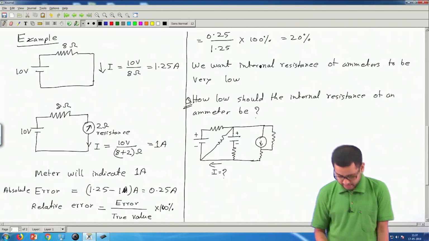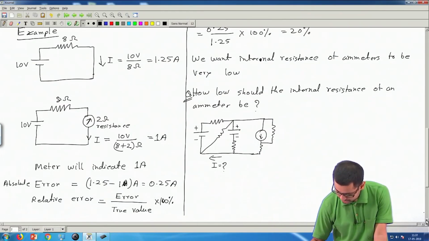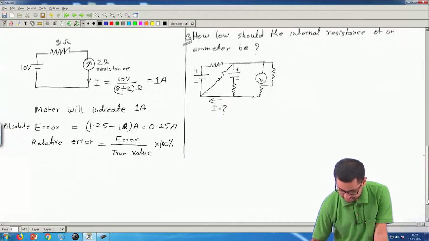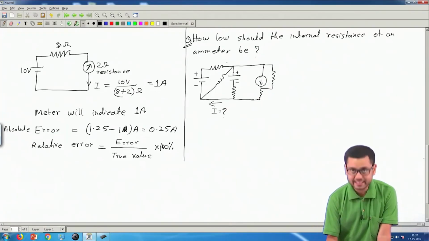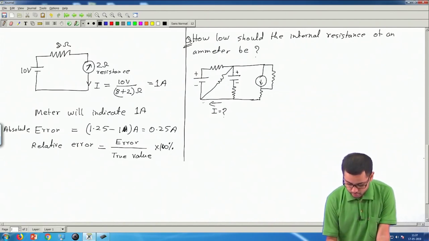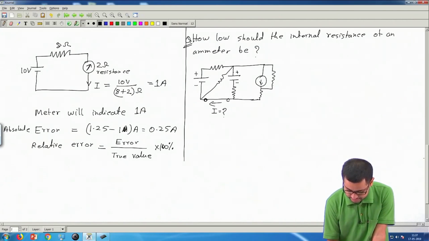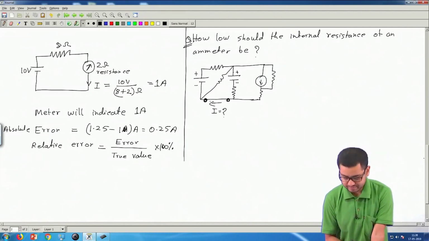The answer lies in the fact that according to Norton's theorem, any complicated circuit can always be reduced to a simple circuit, looking from the perspective of this branch where we want to measure the current.